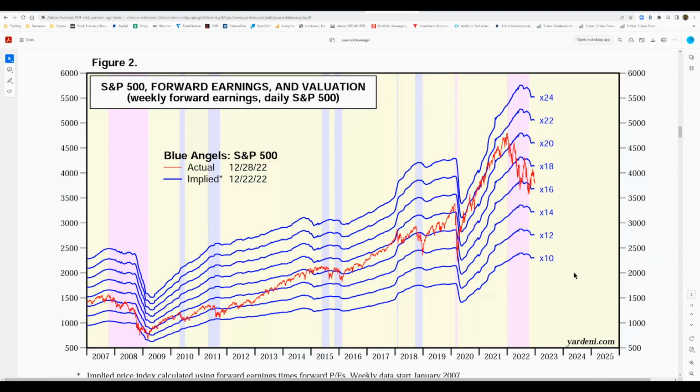Finally, the third chart is a chart of the equities of the S&P 500 and their relationship to earnings expectations. All that happened in 2022 is that the multiple has come down as opposed to the earning expectations.